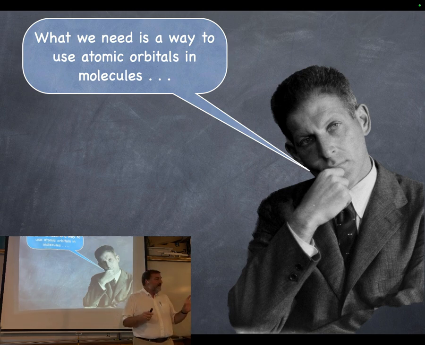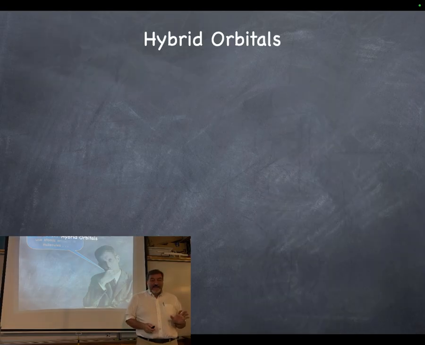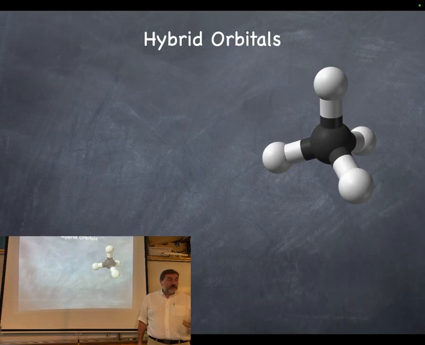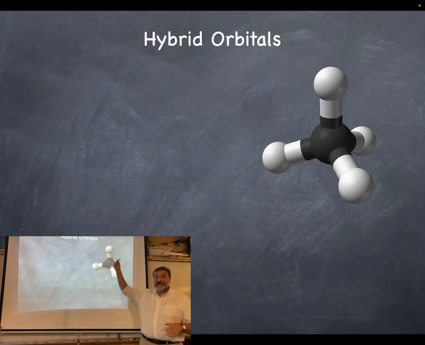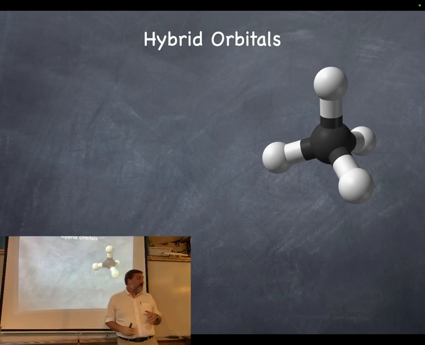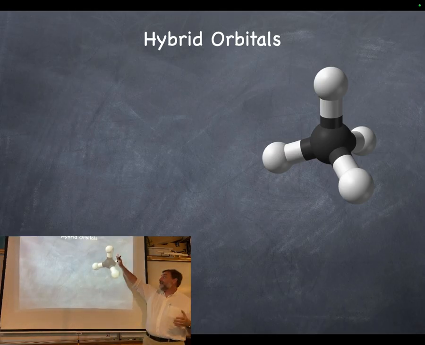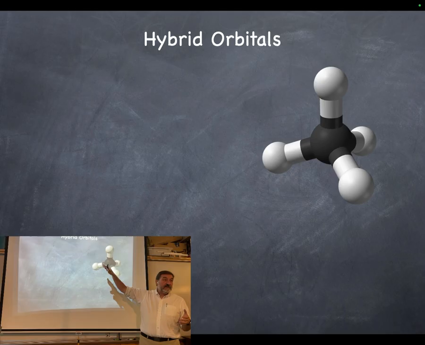But when we think about a molecule like methane, CH4, this carbon has 4 bonds. If you go in the lab and you measure them, you know that the bond angle is 109.5, that these bonds are all identical. Like we can't tell them apart.